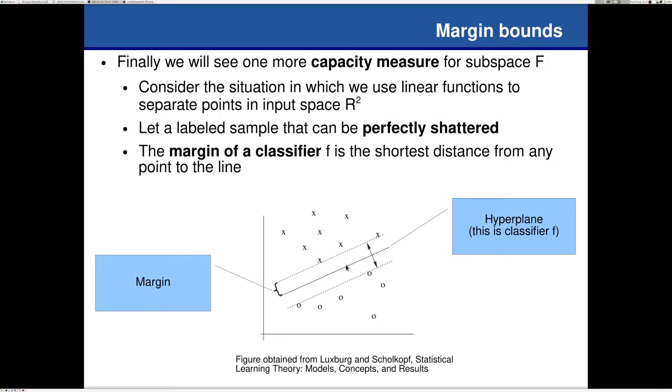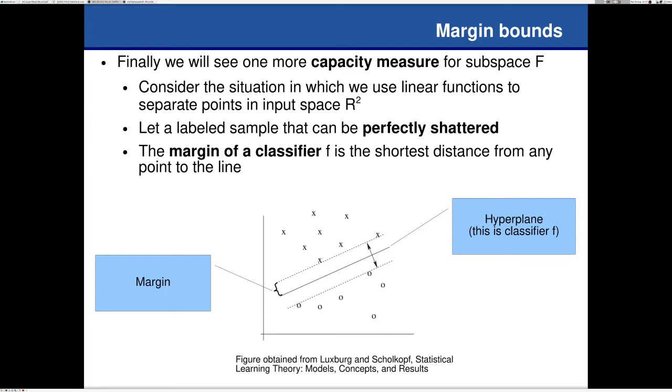The greater the difference in terms of distance from the closest element from the negative set to the closest from the positive set, the greater it is, the smaller is the shattering coefficient. So if the shattering coefficient is smaller, of course, our empirical risk minimization principle is going to converge for a smaller sample size.